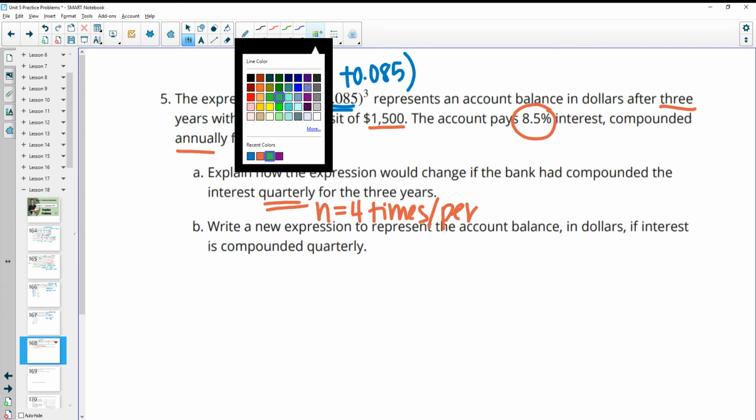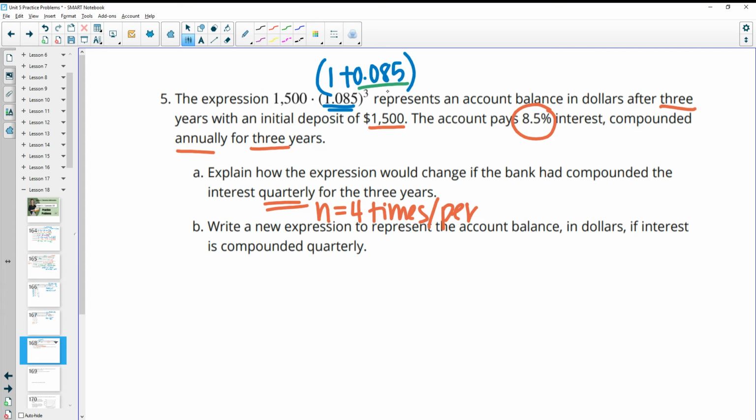And when it's being compounded annually, then you're just dividing it by 1 because you're paying it out 1 time per year. So if we were changing that to paying it out or charging the interest 4 times a year, okay, then we would need to change this interest rate to be divided by 4 and giving it to the customer or the account holder 4 times per year.